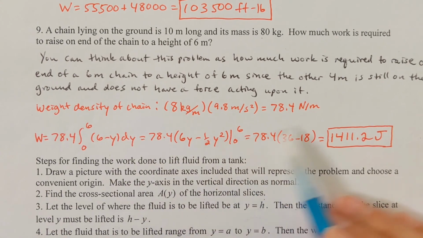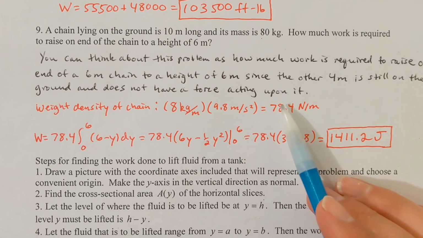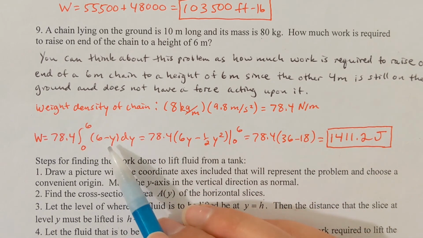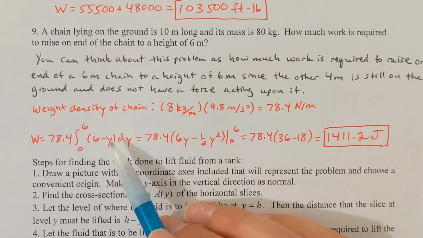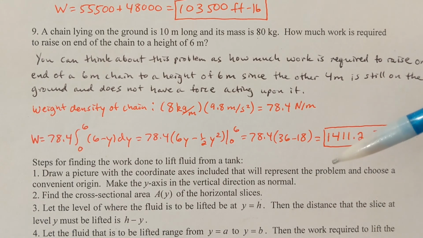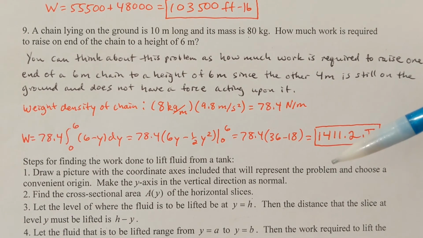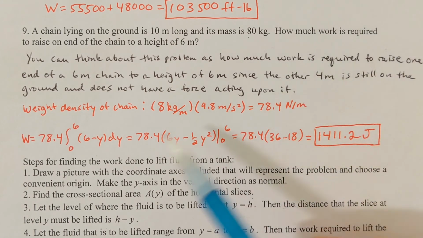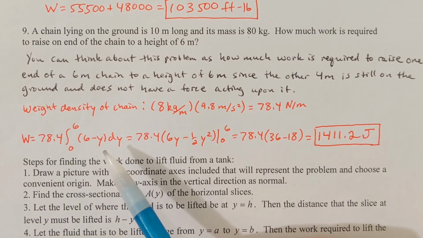So I'm going to be multiplying this result by something that is in terms of meters. Well, suppose that we lift the chain up to a height of y meters above the ground. Then 6 minus y meters would be left.